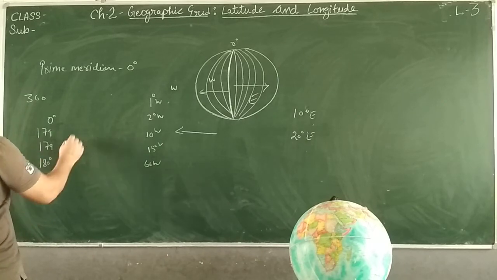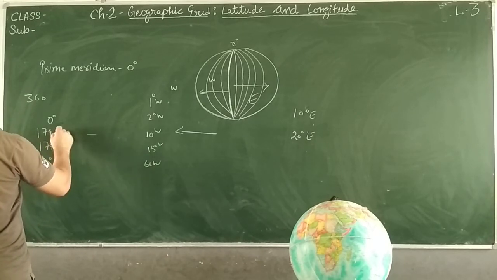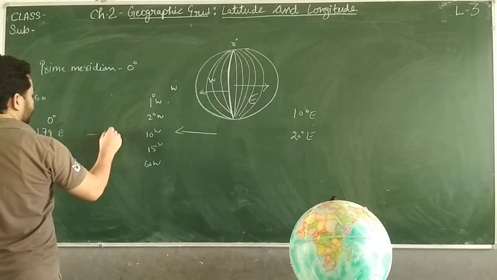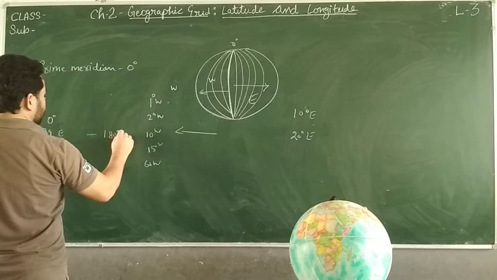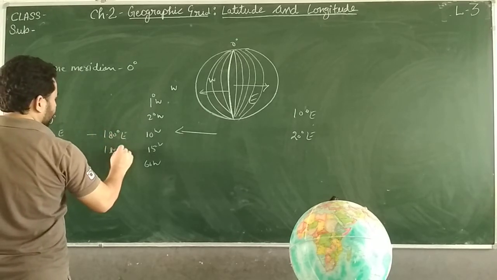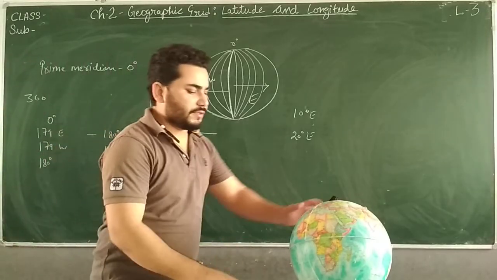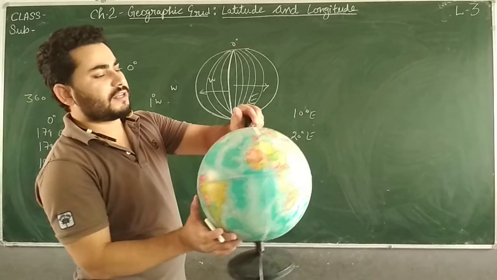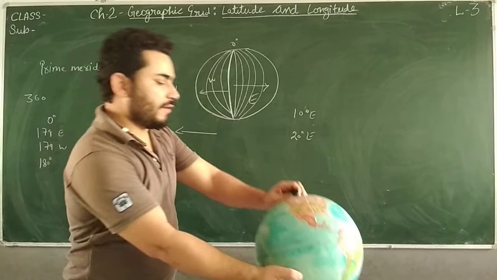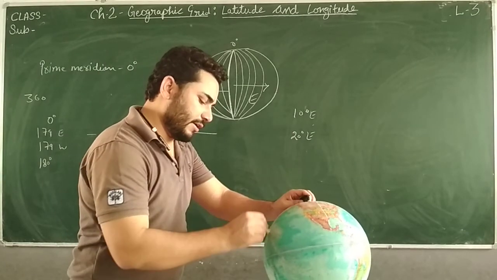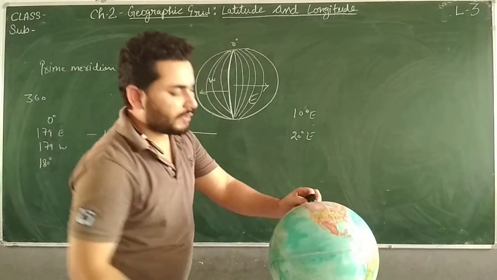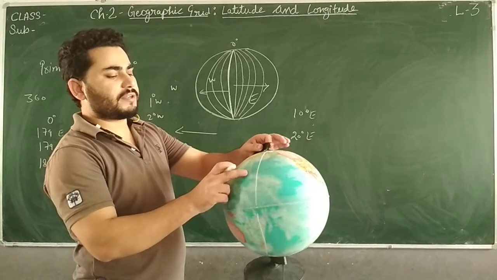That line is for both east and west, so 180 degree east and 180 degree west are the same. Here this is 0 degree, and just opposite to this we have 180 degree, which is also the international date line.